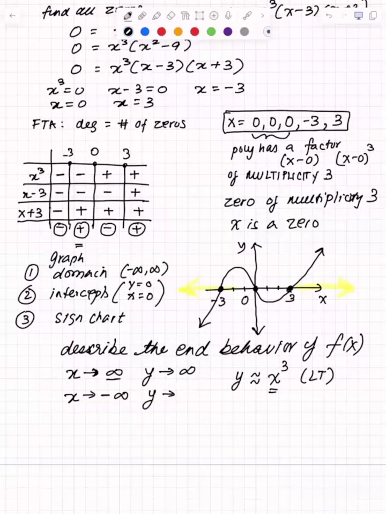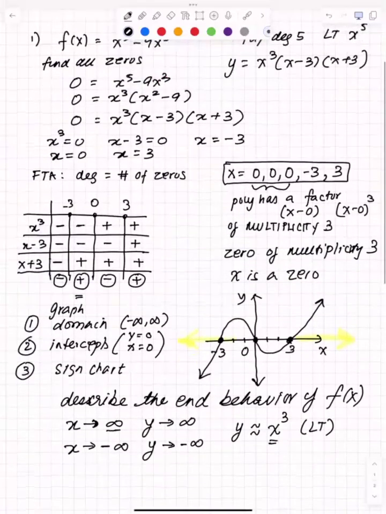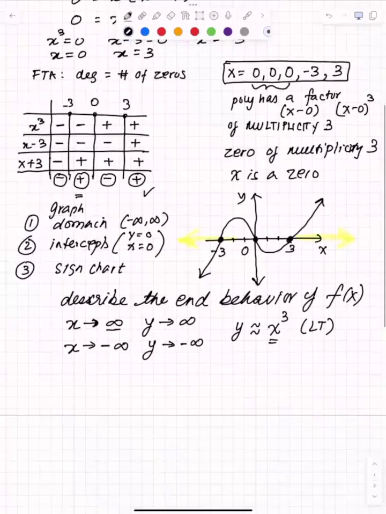In the negative direction, x is negative. A negative number cubed is negative. So we are headed to negative infinity, which we have right here in the sign chart. On the right, we are going to positive infinity. On the left, we are going to negative infinity. Is that okay? All right.